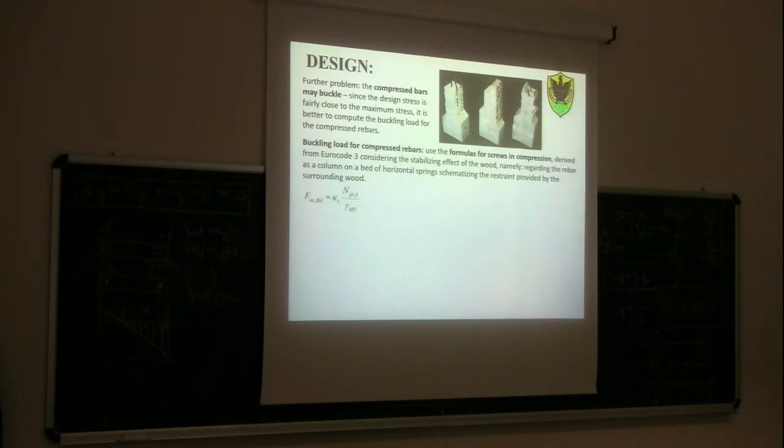Now the formulas are the same that we saw a while ago. This one is the design axial resistance of the compressed rod, which will be the reduction coefficient times the characteristic plastic failure load of the rod divided by the safety coefficient.